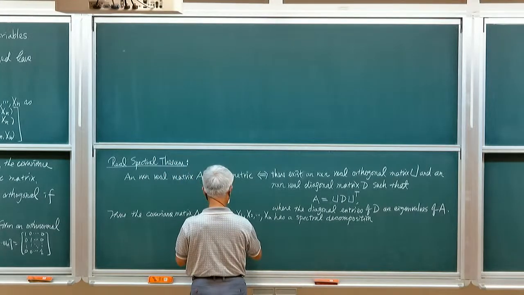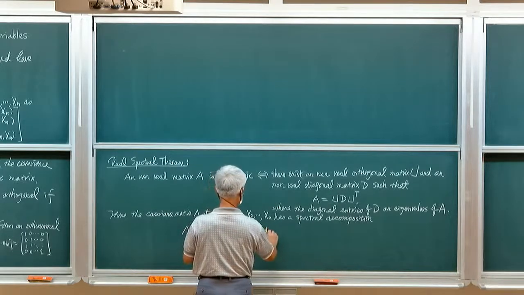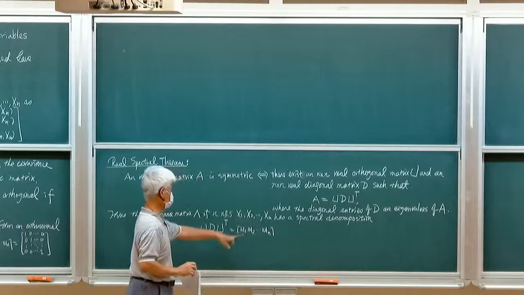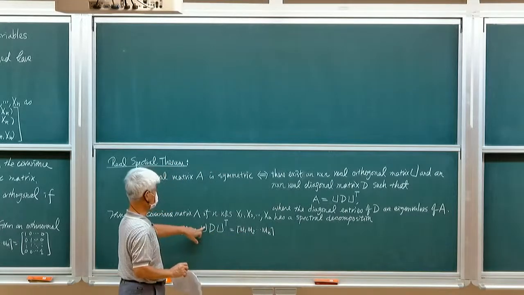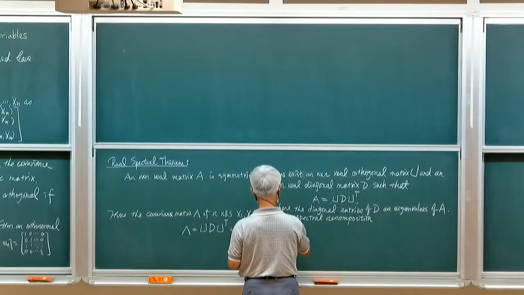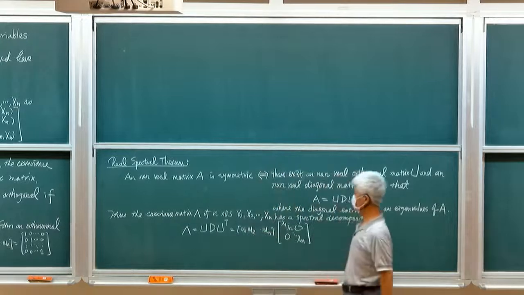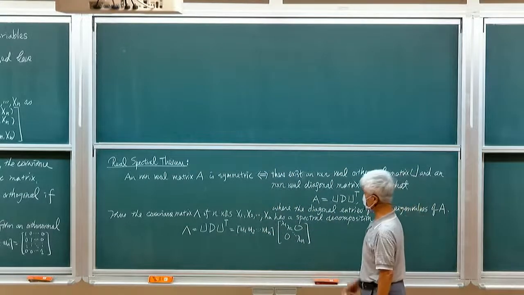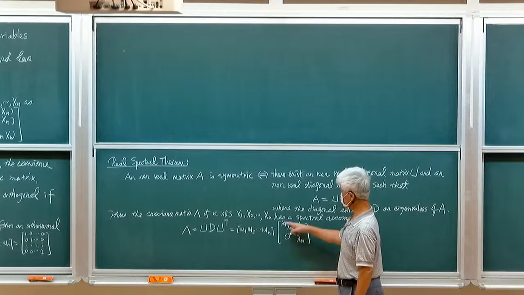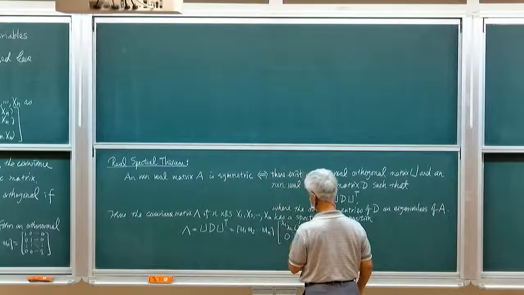And we can write the detail. Here the U sub i's are columns of this orthogonal matrix U, and D is a diagonal matrix, and the diagonal entries are eigenvalues of the covariance matrix lambda.